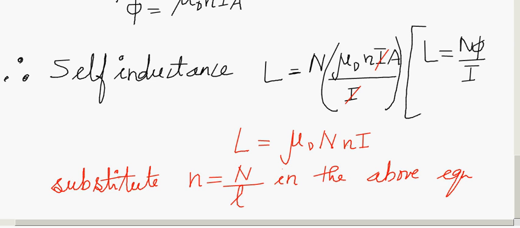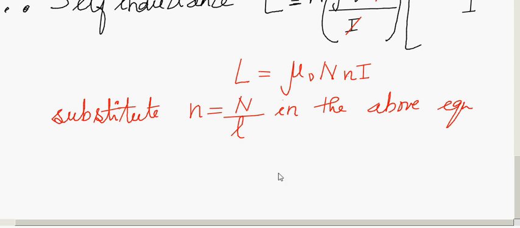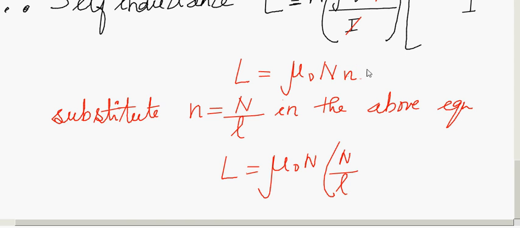Now what do you get? L is equal to mu naught into N into N by L. Sorry, here I got cancelled. It should be A, not I. Please correct it.